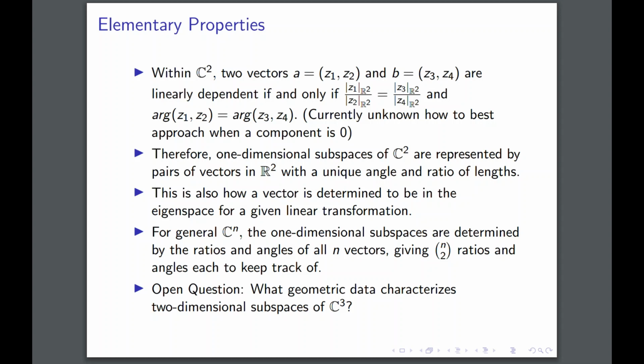And a kind of open question here is, what geometric data characterizes two-dimensional subspaces of C3, where in the two-dimensional case, going a dimension lower gives this very nice characterization, and I'm hoping that when we ask a similar question for C3, the answer is going to turn out to be similarly elegant or nice to keep track of.